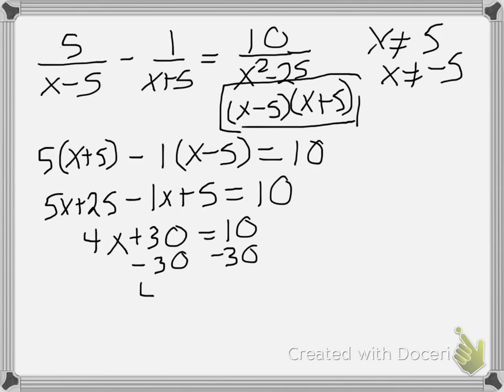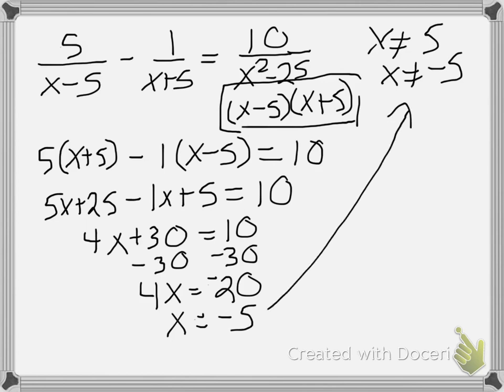So we get 4x is equal to negative 20, or x is equal to negative 5. But x cannot equal negative 5, so there is no solution to this problem. Okay. So that was the first one.